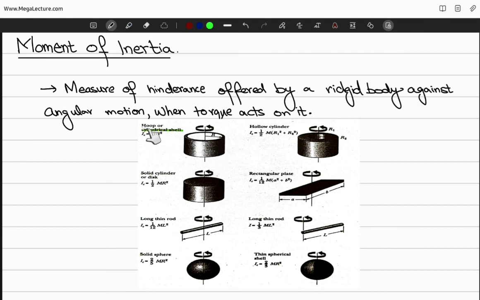Again, this expression is telling you, for example, consider this body, how hard it would be to perform an angular motion with this body about this axis. Similarly, this expression would tell you how hard it would be to perform rotation for this type of body against this axis. So again, it is simply the measure of the hindrance which is offered by this rigid body against this angular motion.